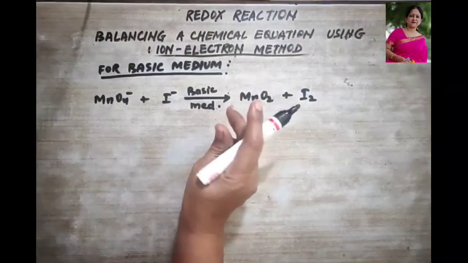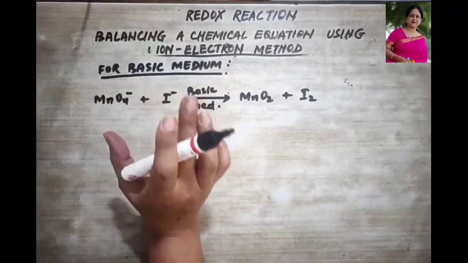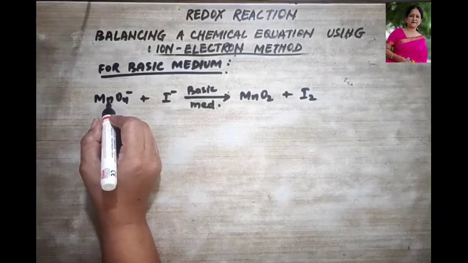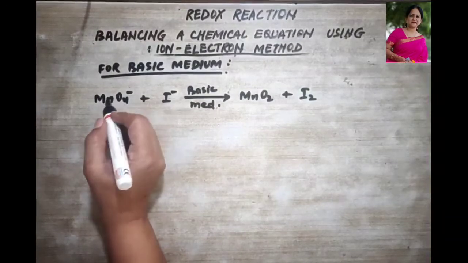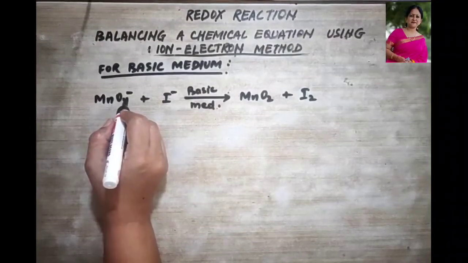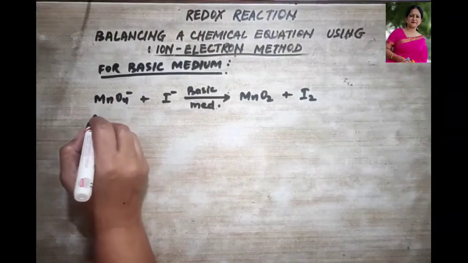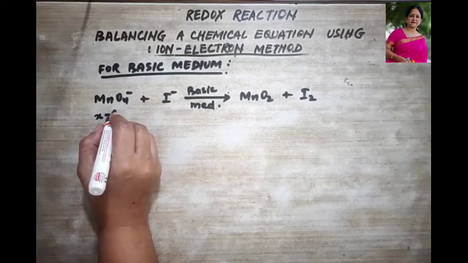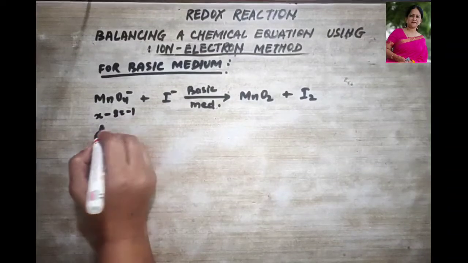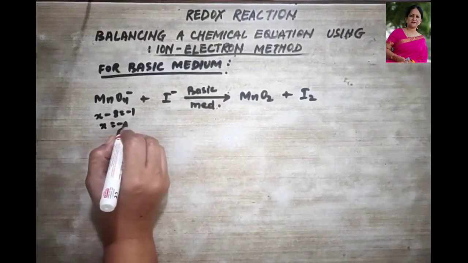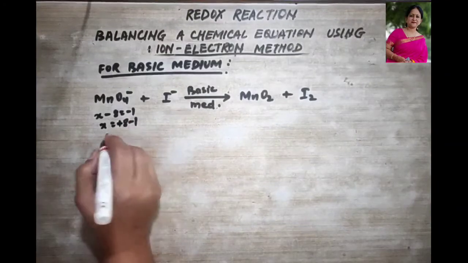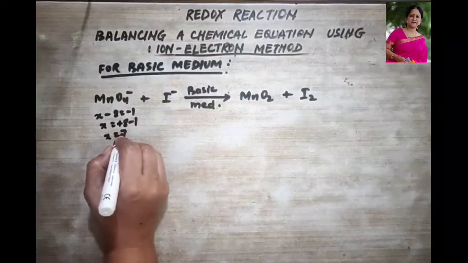So let us go ahead doing all what we had been doing in the previous examples. So we need to find out the oxidation half and the reduction half. So for that we need to find out the oxidation number. So for Mn, oxygen is -2, so X minus 8 is equal to -1, so X is equal to plus 8 minus 1, X is equal to 7.